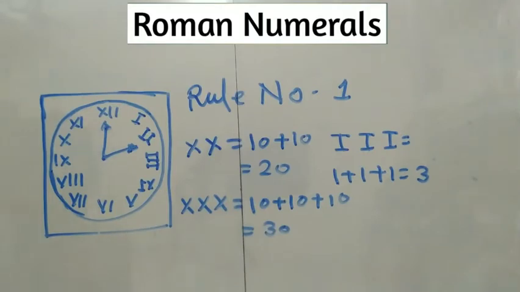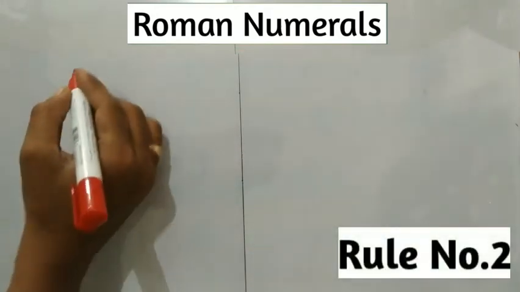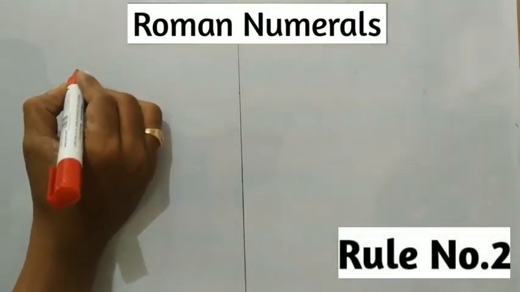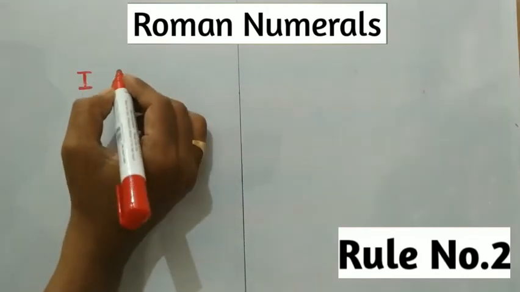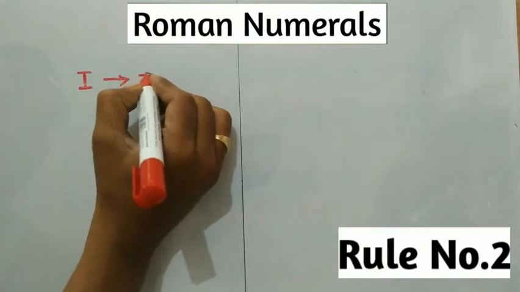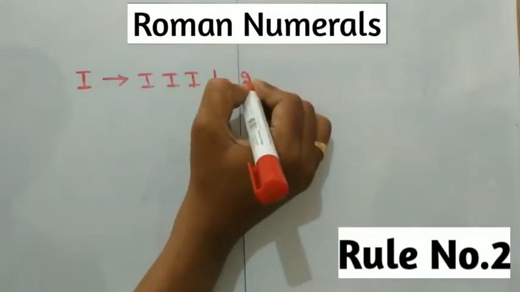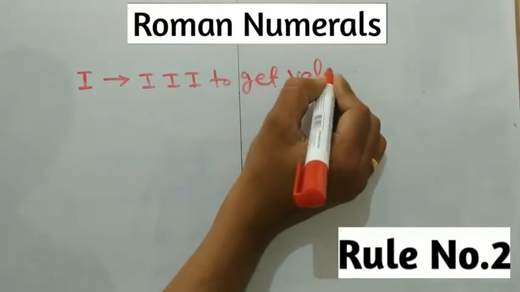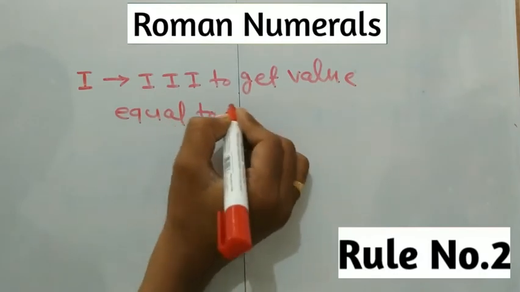Now the second rule: the symbols I or X can be repeated consecutively for a maximum of 3 times. The numeral V cannot be repeated consecutively. As per the rule, we can write I for a maximum of 3 times consecutively, like this, to get the value equal to 3.